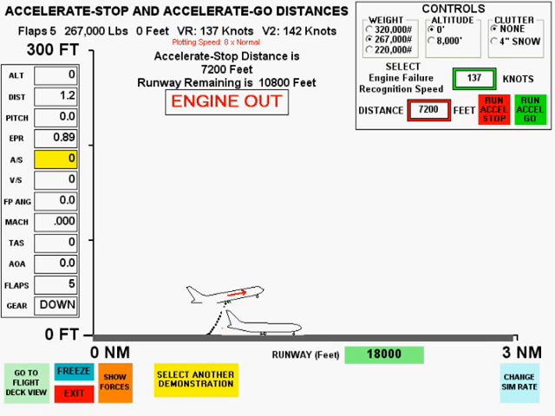Notice that in this case, at the maximum engine failure speed VR, the accelerate go distance is much shorter than the accelerate stop distance. Therefore, an engine failure recognition speed that makes the two distances nearly equal, i.e. the V1 for balanced field length, must lie between V1 min, which is VMC ground, and VR.